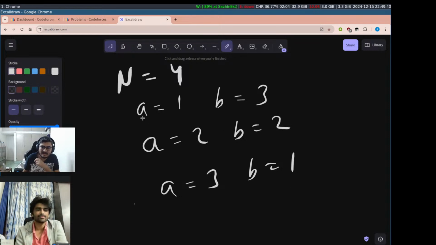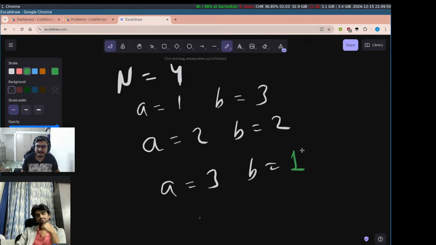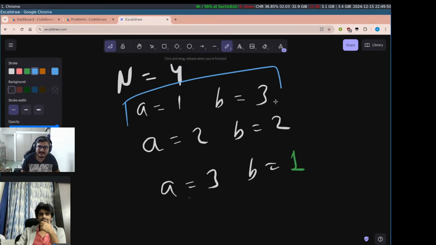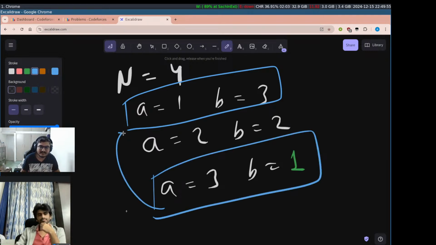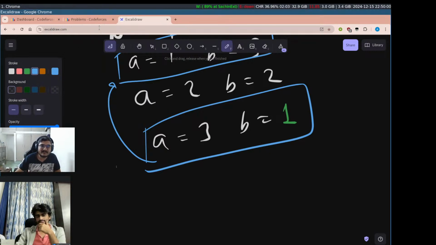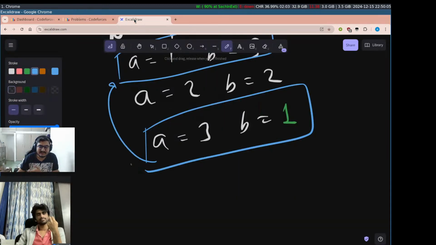If it's ordered pairs, then these three are different pairs. Had it been unordered pairs, then this pair and this pair would have been the same. Since the problem statement says positive numbers, we know that a should be greater than 0 and b should also be greater than 0.